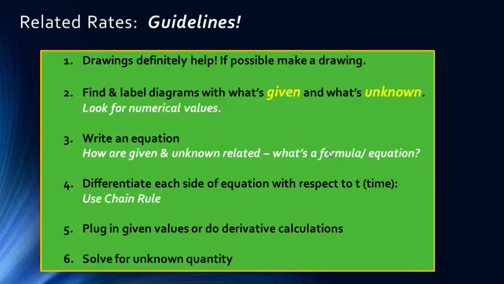You'll see a lot of Pythagorean theorems. You might see some geometric equations like we saw with the volume of a sphere. Then differentiate each side with respect to time, making sure that you're using implicit differentiation or the chain rule. Plug in the values that are given or that you calculated, and then solve that for your unknown quantity.